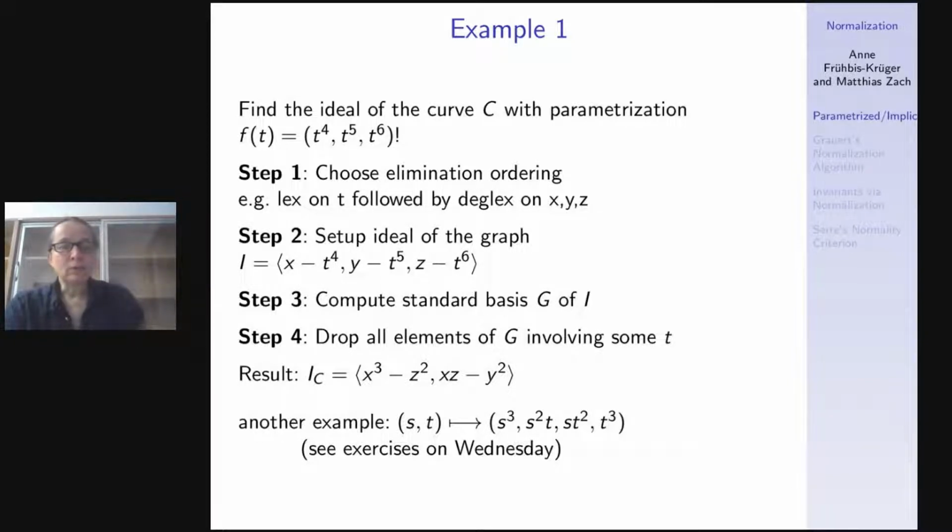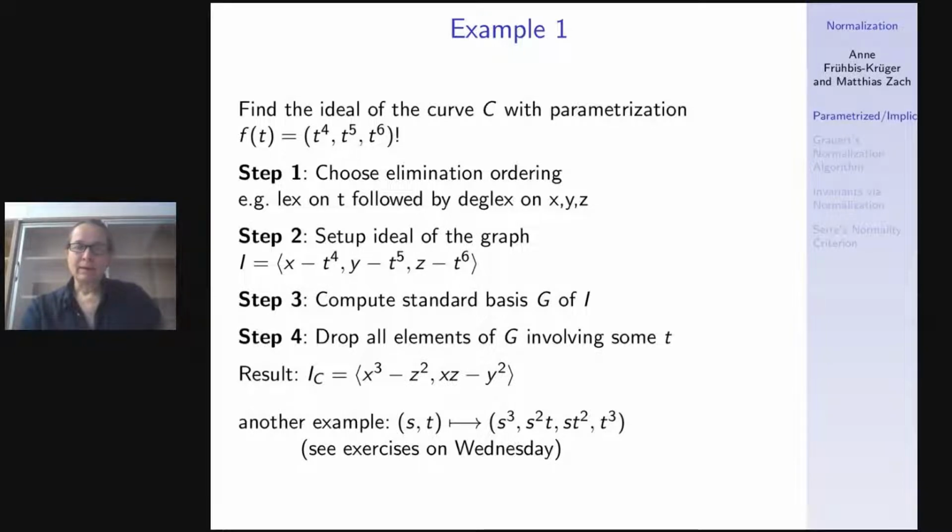So we take lexicographical ordering on t, and after that we take a degree lexicographical ordering on x, y, and z. So we take a block ordering which first compares only on the t and then later on compares on x, y, z if it wasn't clear from the comparison on the t which one is a bigger monomial.